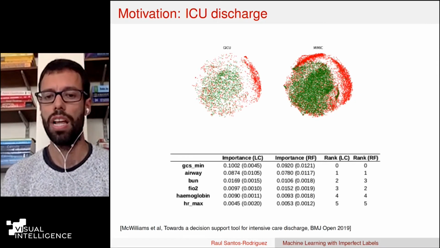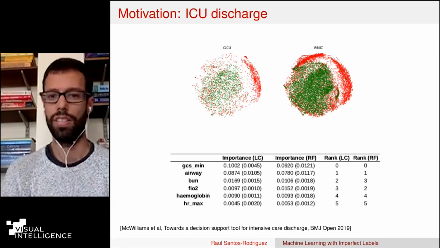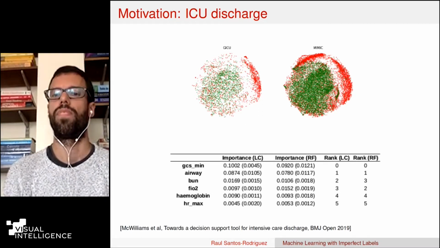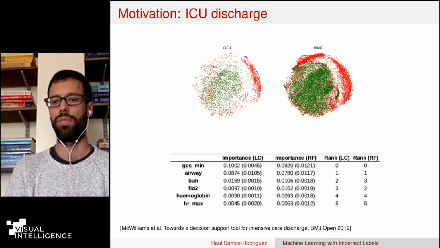So those labels, those annotations are noisy, and we can ignore it and just train a classifier, and we've done that in the past. But it is suboptimal, and we can do better if we take this information into account.